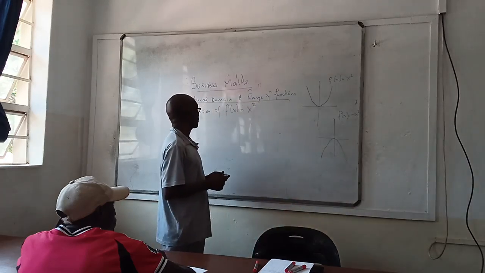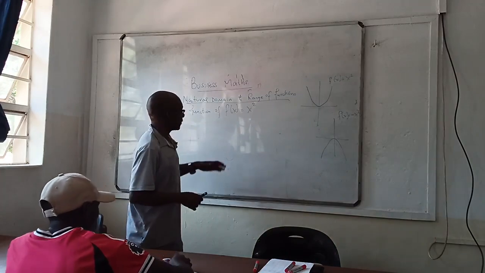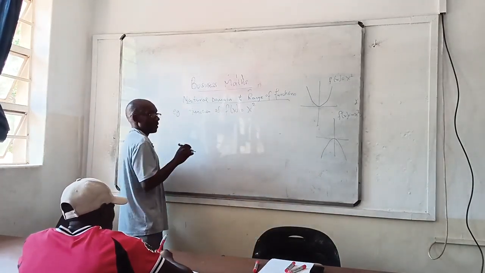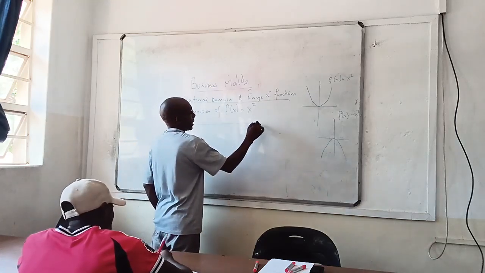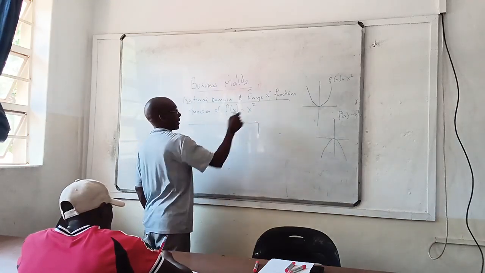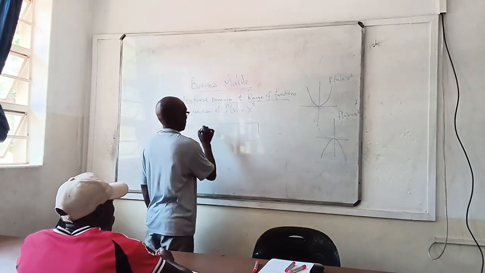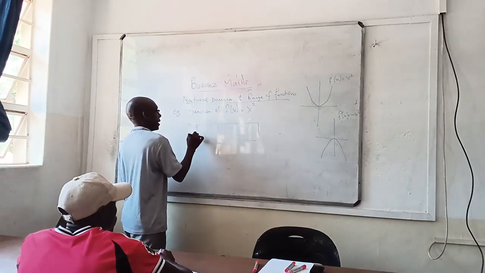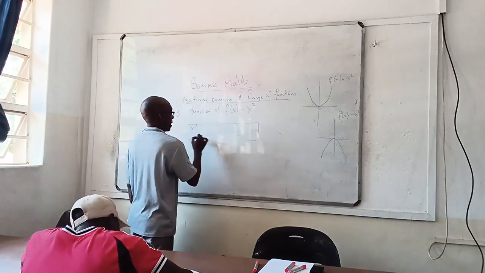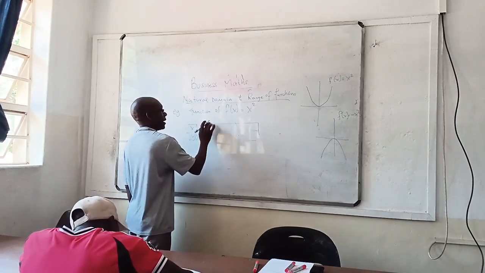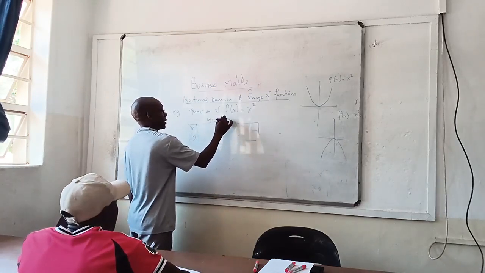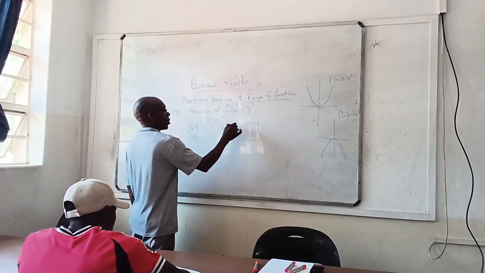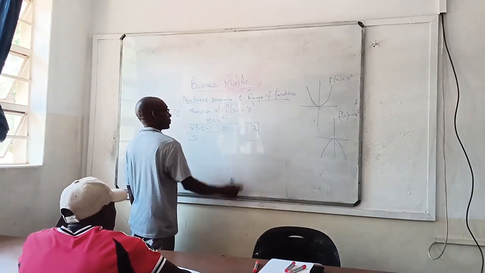Now, if you look at this function here, if you are to draw a table of values, what will happen will be like this. x, y equals x squared: negative 2, negative 1, 0, 1, 2.